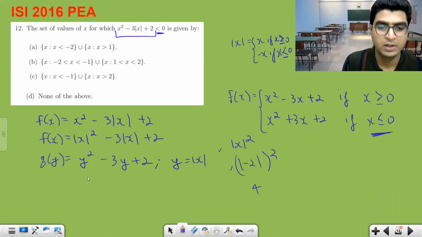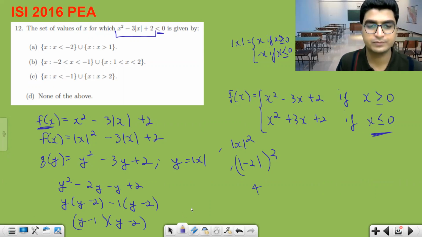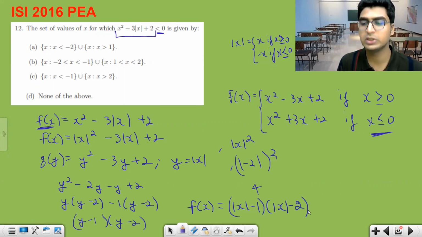So now let's solve this. We can write it as y square minus 2y minus y plus 2, which is y minus 2 times y minus 1, y minus 2. So this will be (y minus 1)(y minus 2). Basically we can write this function as (mod x minus 1)(mod x minus 2).